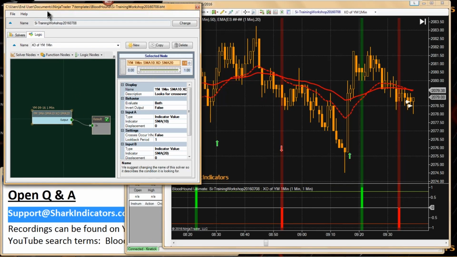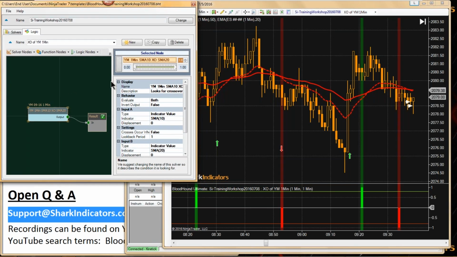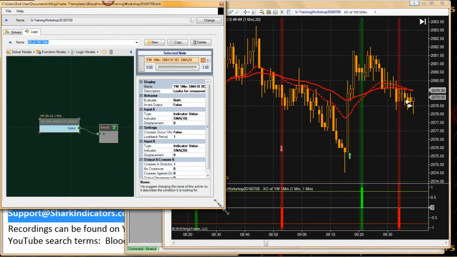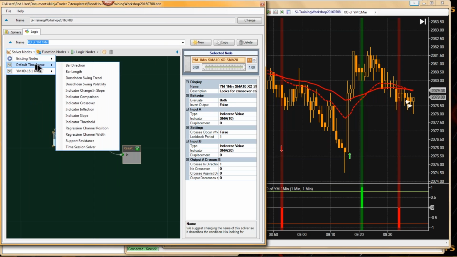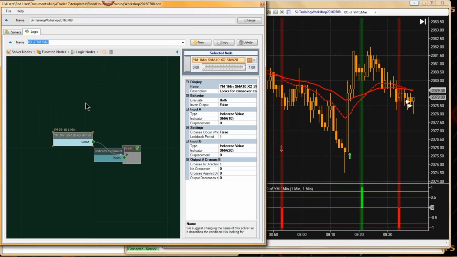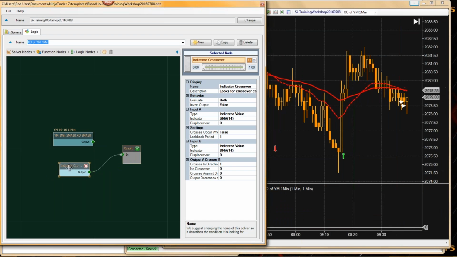Actually, I'm going to go back into this. So I'm going to grab another crossover solver here, a new one.